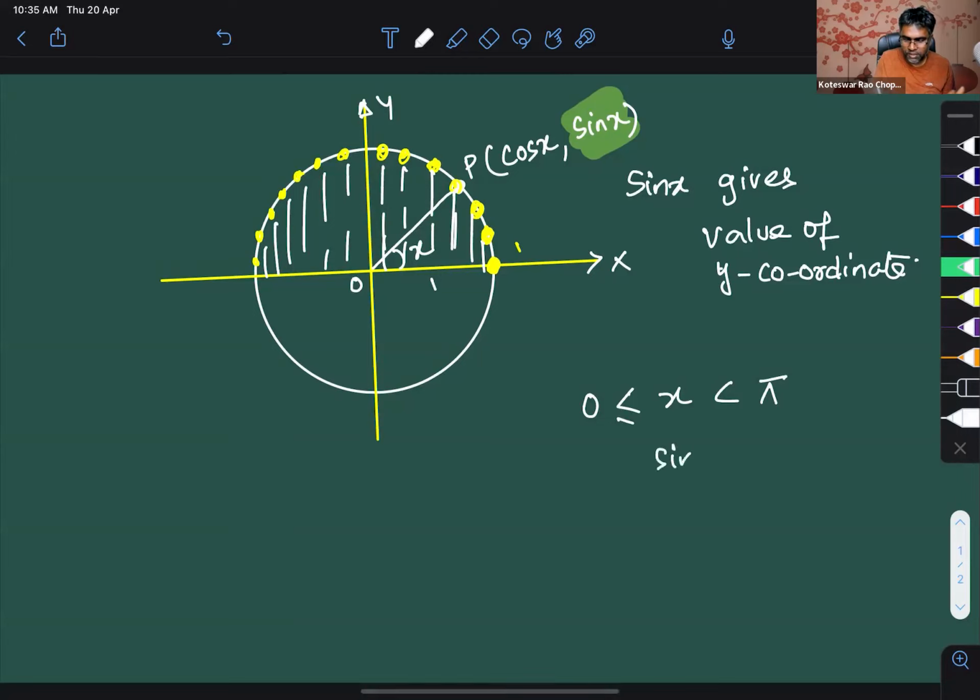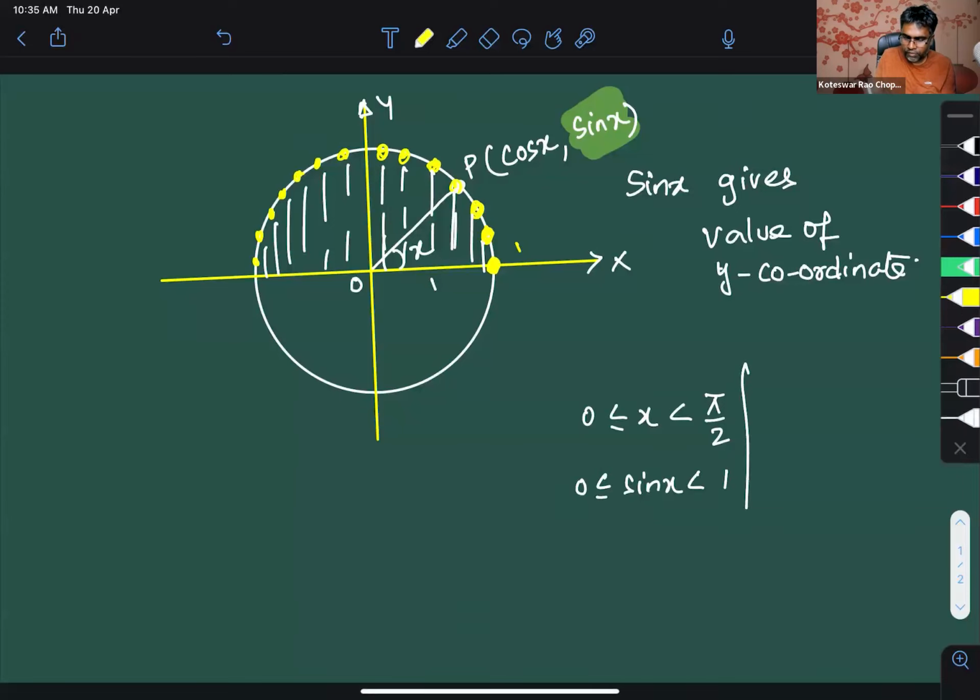Your sine x. Or maybe I think we should break this a little further. Let me break it a little further. When x is between 0 and pi by 2, your sin x values are between 0 and 1.